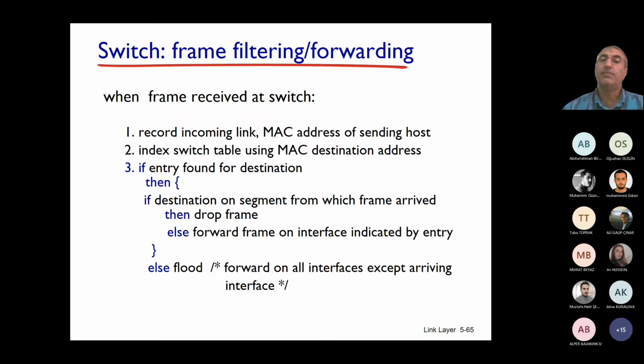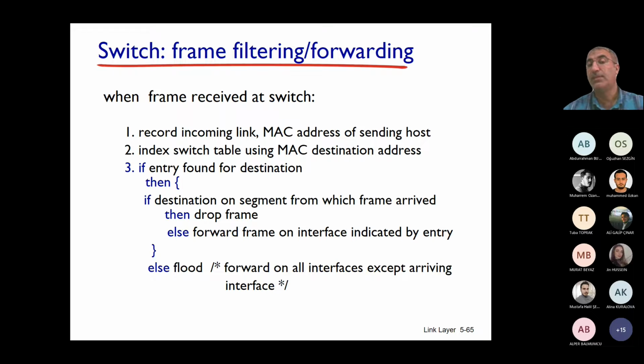So the switch has frame filtering and forwarding capability. How this works is based on an algorithm. When a frame is received at the switch, first of all, it records the incoming link and the MAC address of the sending host, and then indexes the switch table using the MAC destination address. If an entry is found for the destination, then we have two options.